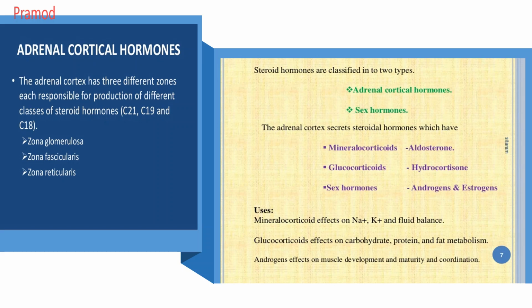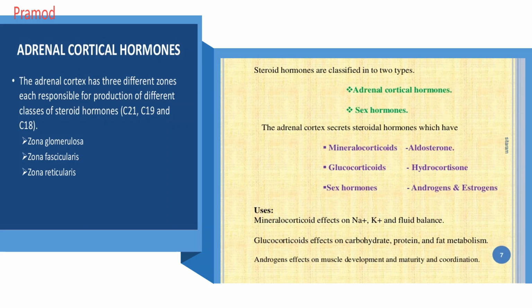Steroidal hormones, as we said, are classified into two: adrenocortical hormones and sex hormones. The adrenal cortex secretes steroidal hormones like aldosterone and corticosterone, and the sex hormones are androgens and estrogens. As we know, mineralocorticoids are used for maintaining electrolyte balance.